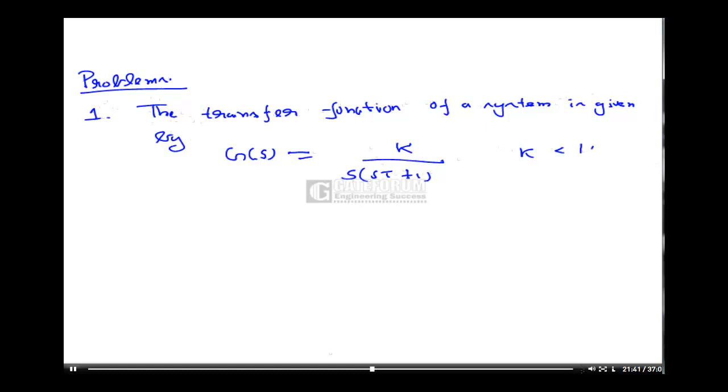K is lesser than 1 by T. Okay, plot the Bode plot for this function.